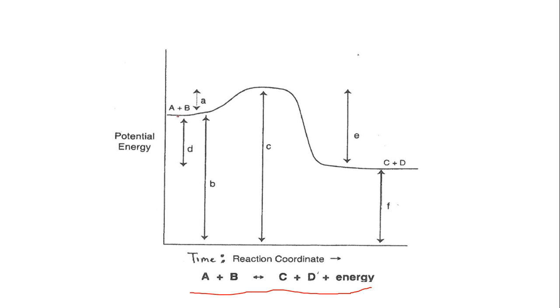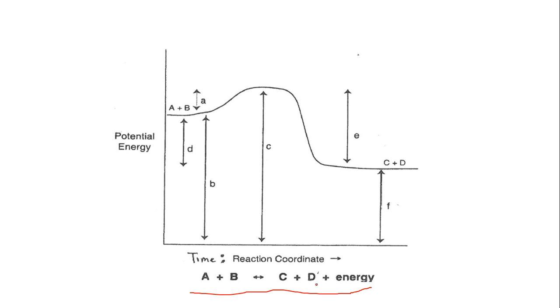So again, endothermic means the reaction absorbs energy in order to make the products. So that means that the products end up having a higher stored enthalpy than the reactants do. If it's exothermic, that means the reaction releases energy and energy is produced as a product.